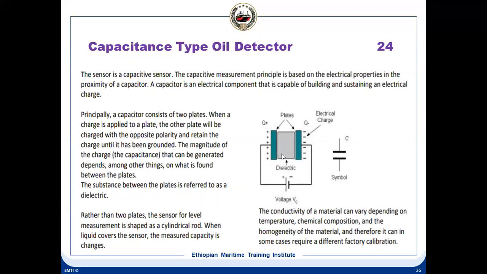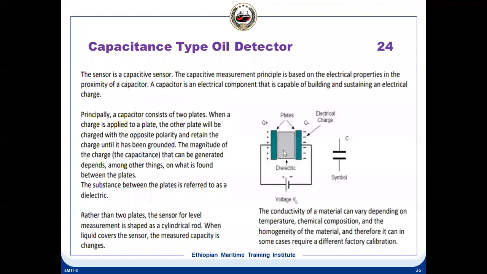So this dielectric will change because of this oil. This dielectric property will change. You know the capacitance property. What is capacitance? Capacitance is equal to epsilon into A by D, that is dielectric, area by distance between these two plates. So if any one parameter changes, the capacitance will change.